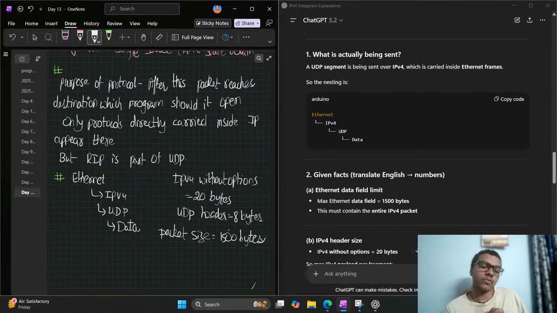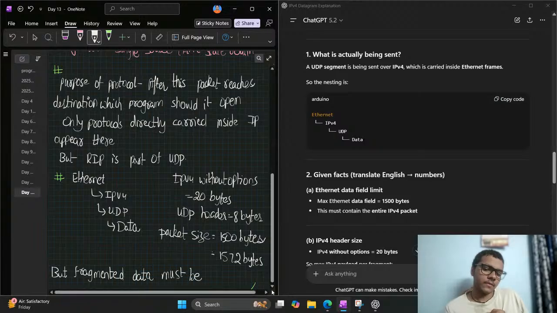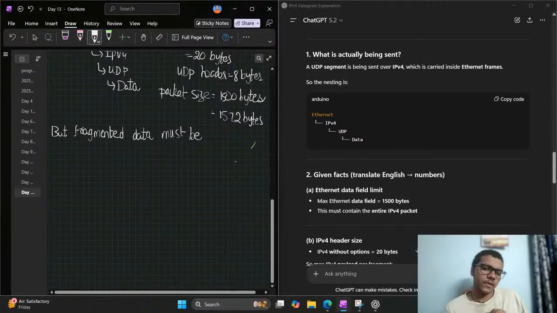I have read that one too. So 28, how much is that? 1572 bytes, but fragmented data must be a multiple of 8 bytes.